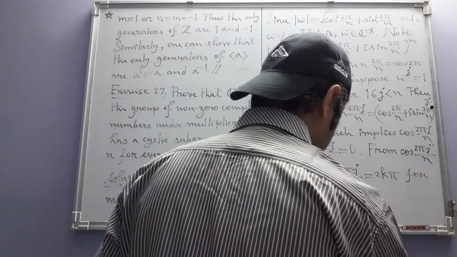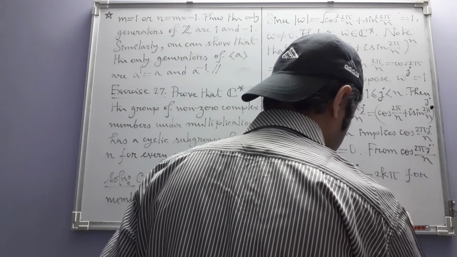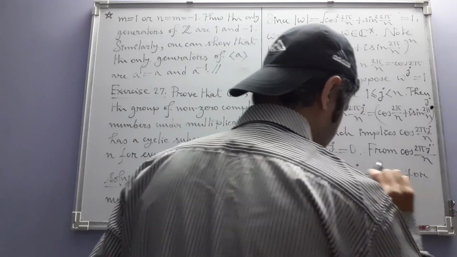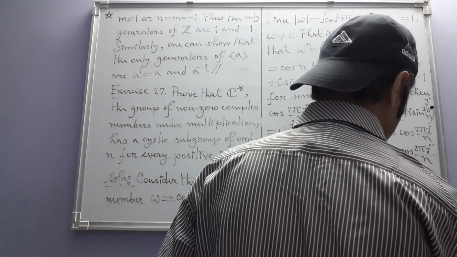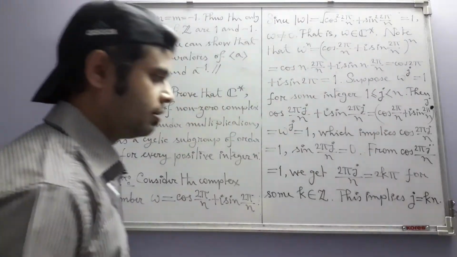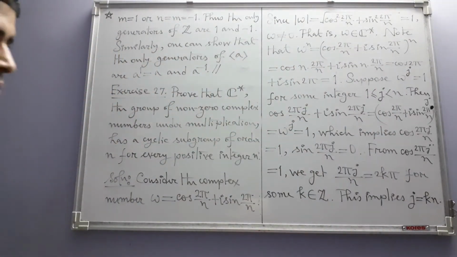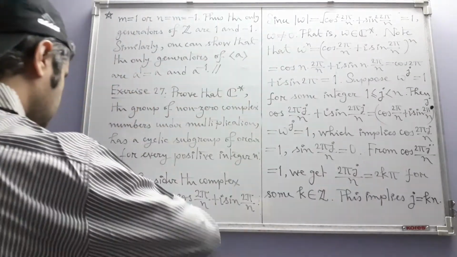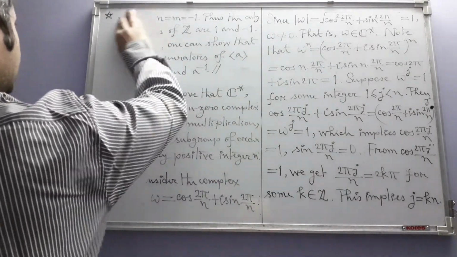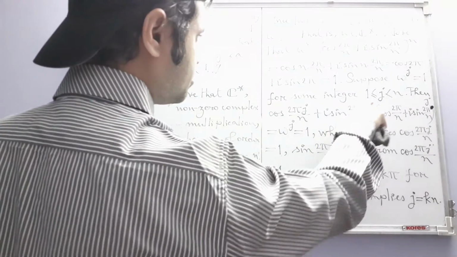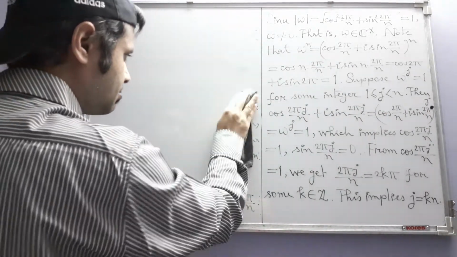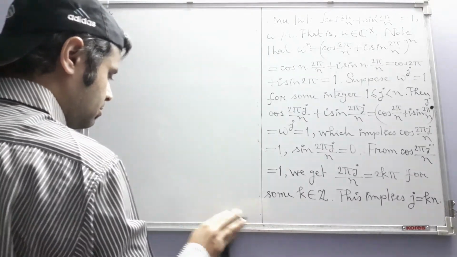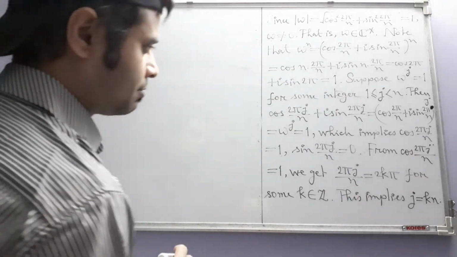This implies j equal to kn. Okay. Now we can use that inequality, this one, and try to get a contradiction.